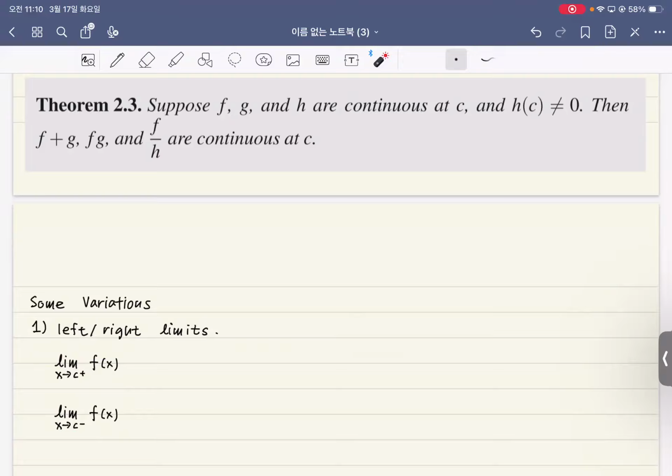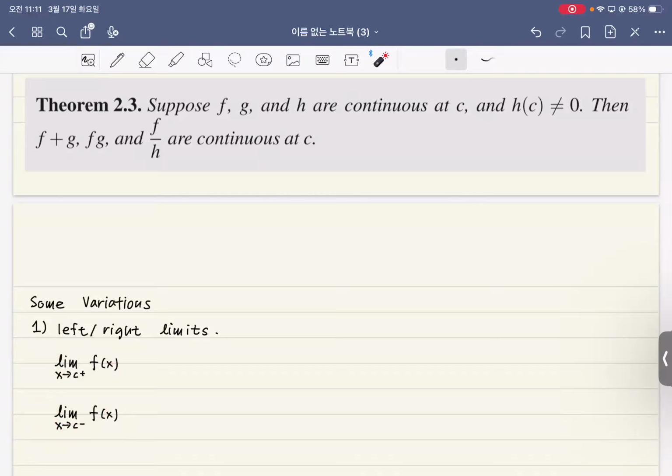Here x is tending to c, but we have one additional plus sign over here and one minus sign over there. So this is called the right limit of function f: you are trying to find the limit of the function as x is approaching c from the right. And likewise, this one is the limit of the function as x is approaching c from the left.